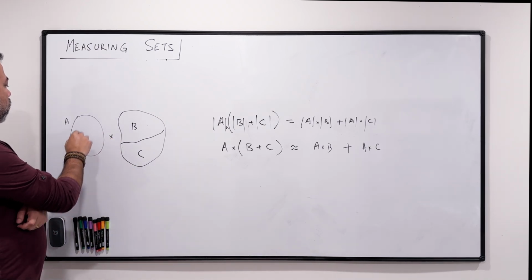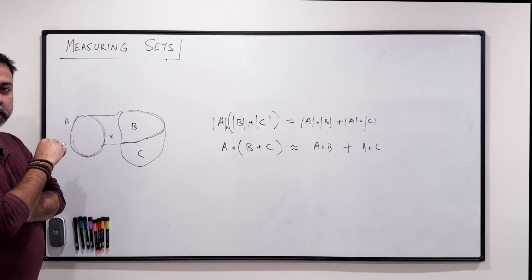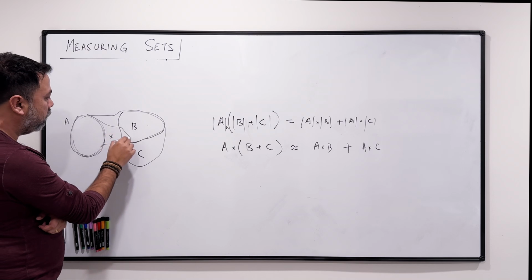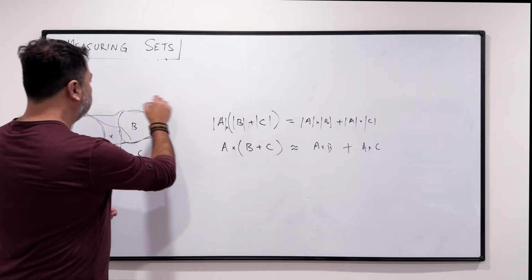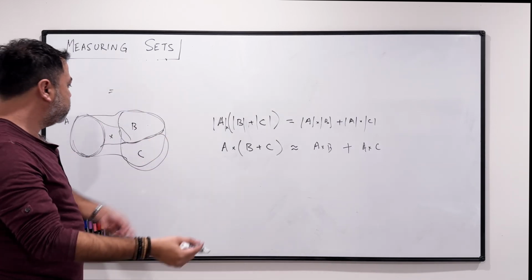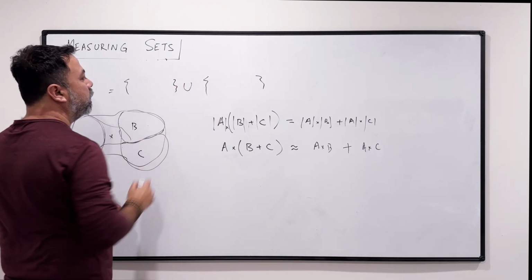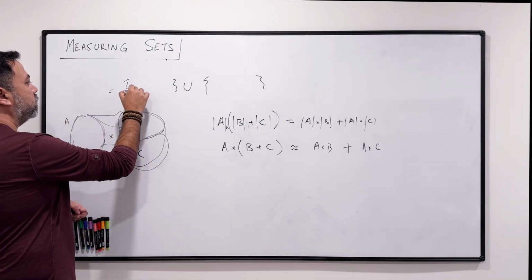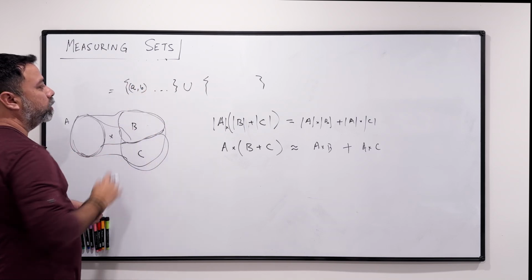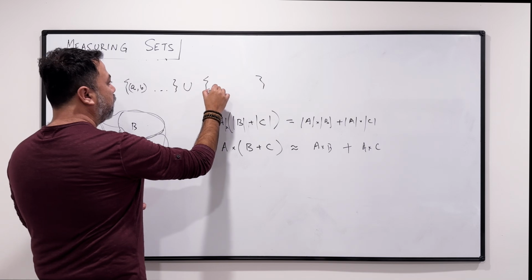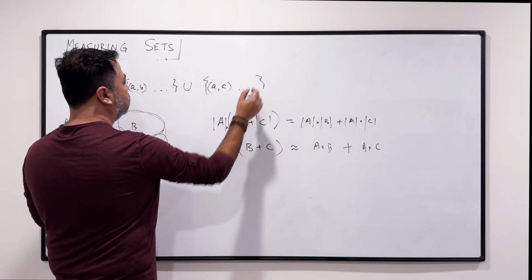Each element in A is going to product with B, and then each element in A is also going to product with C. So in the resulting set, there will be lots of elements, but I can always write that as the union of 2 sets where A pairs up with B, where B comes from capital B, and A pairs up with C where C comes from capital C, right?